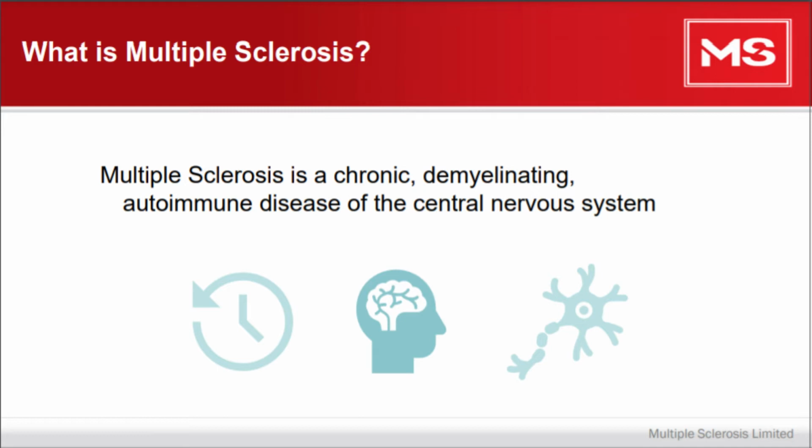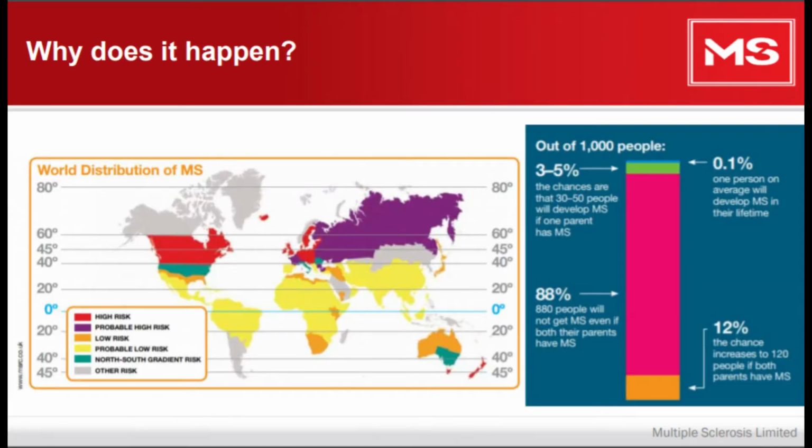What this chart here is showing is around the distribution of MS, and what we can see, it is considered a condition or a disease of latitude. So the further we get away from the equator, the higher the incidence of MS. So you can see a low risk is yellow and orange, a low risk around the equator, further away, higher risk, red and purple colours.